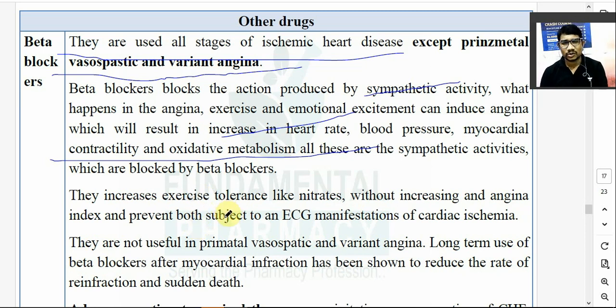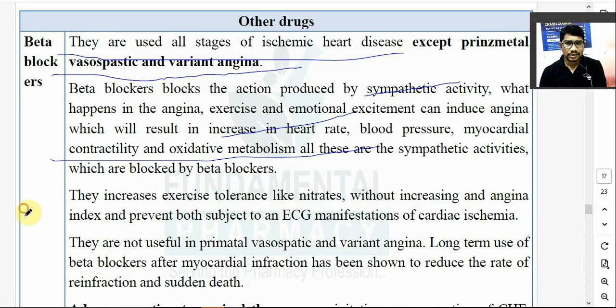That means the heart will demand more blood, more oxygen, more nutrition. As there is atherosclerosis, your heart will get less blood due to the atherosclerotic plaque deposited in the blood vessel. In that condition, you will develop a pain. What beta blockers do is block these actions and decrease the pain.